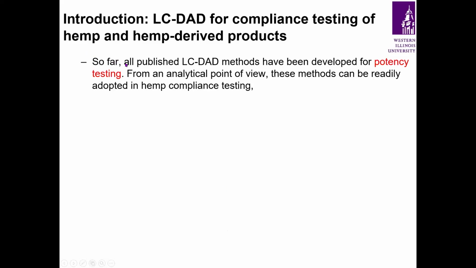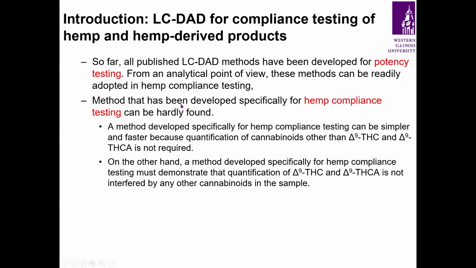So far, all published LC-DAD methods have been developed for potency testing. From an analytical point of view, this method can be readily adopted in hemp compliance testing. Methods that have been developed specifically for hemp compliance testing can hardly be found.